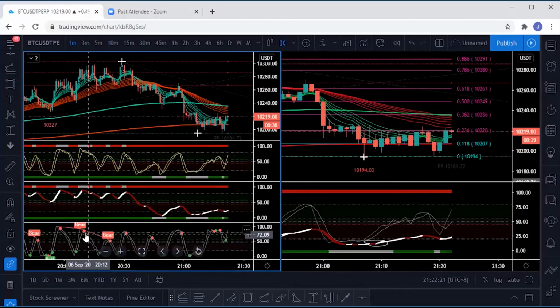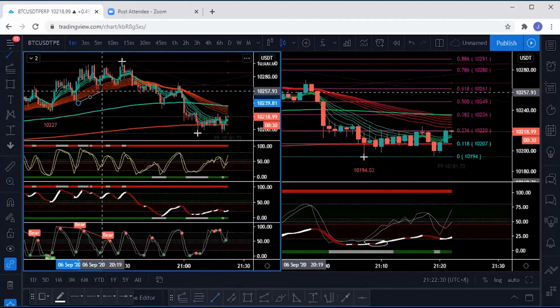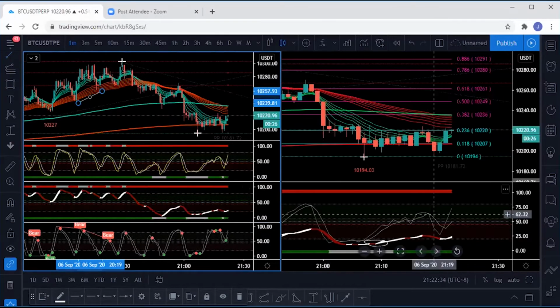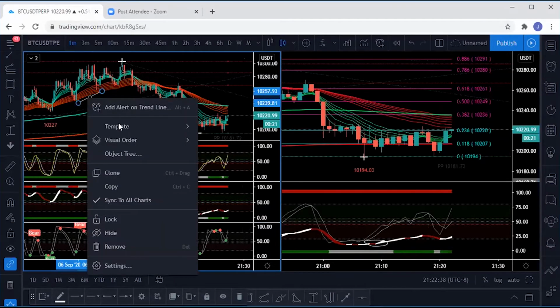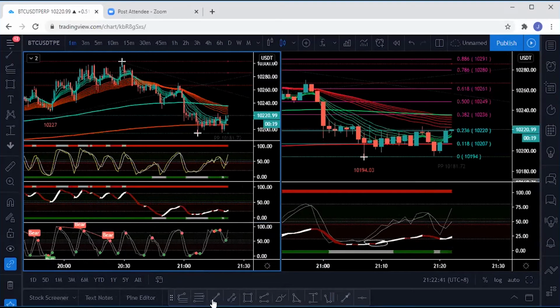So this is a divergence. When we align it with our price action, it's going up and this is going down. I know this is a bull div, bear div. We're going to here, so this is a bear div.